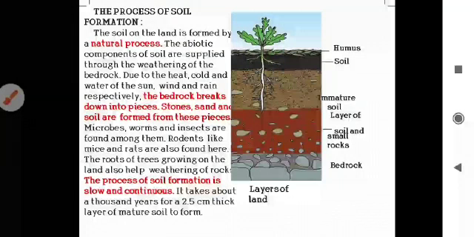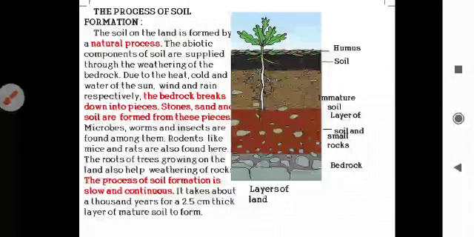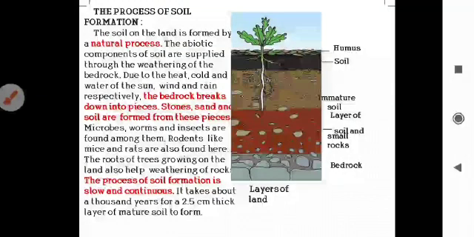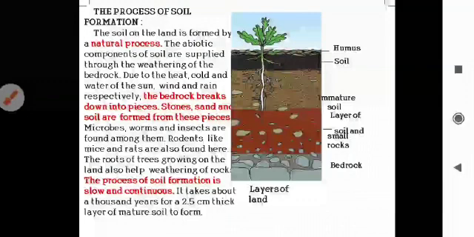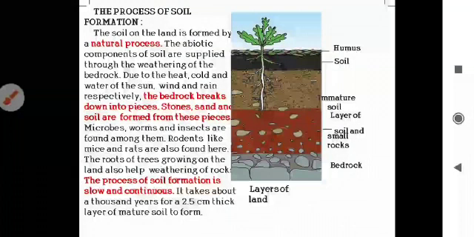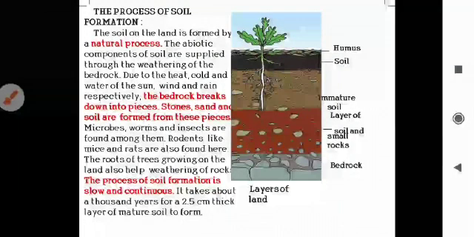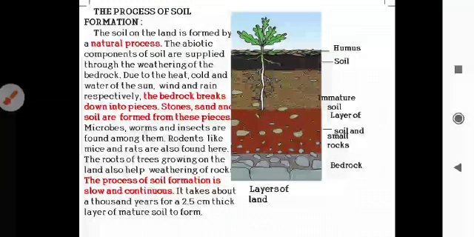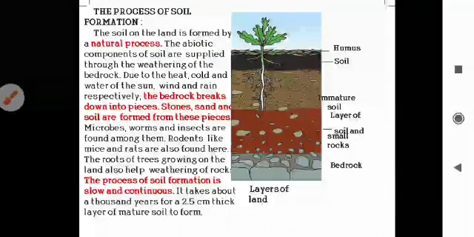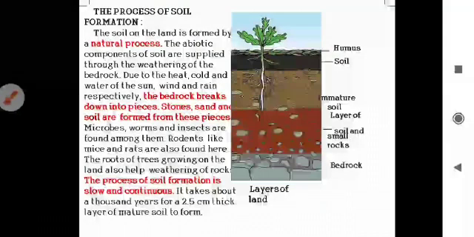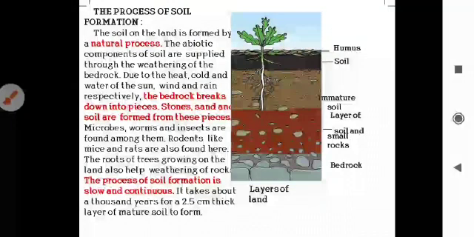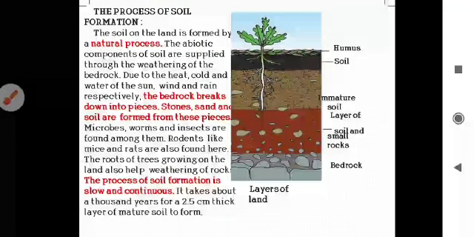Due to sun, wind and rain, the bedrock breaks down into pieces, and stone, sand and soil are formed from these pieces. The roots of trees growing on the land also help weathering of rocks. So, the process of soil formation is slow and continuous.